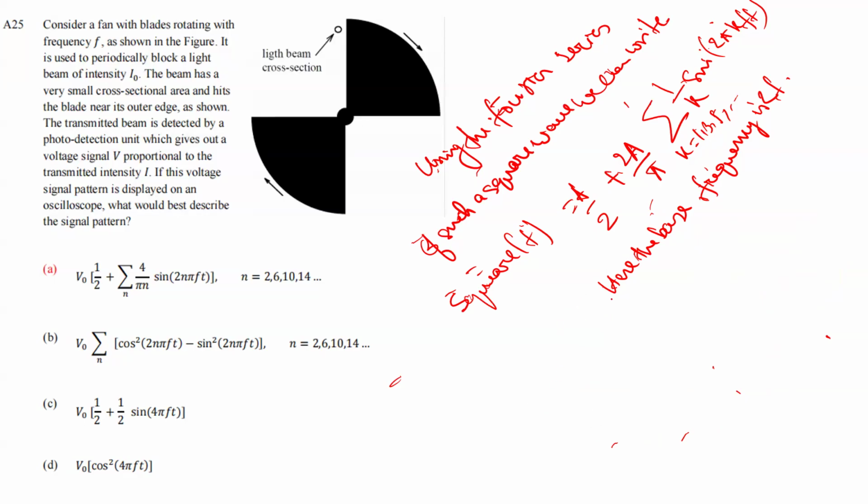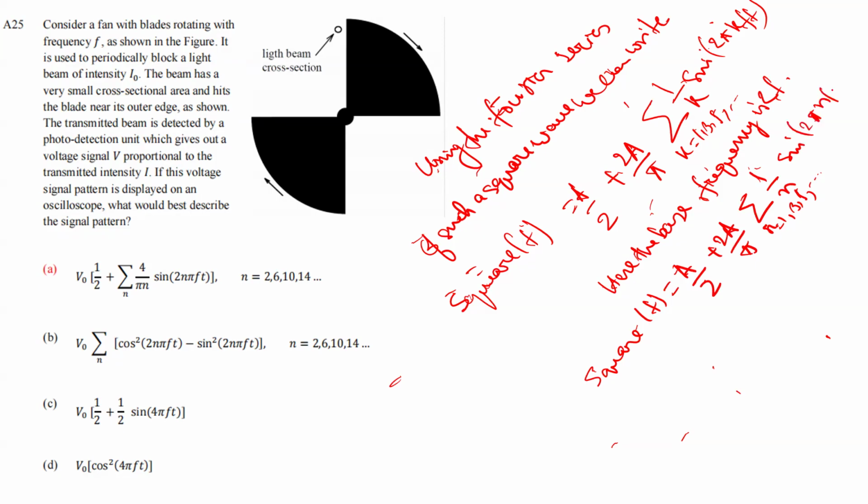Then the square wave can be written as A by 2 plus 2A by pi, sum over n equal to 1, 3, 5 and so on, of 1 by n sine of 2 pi n times 2f times t. We define m equal to 2n, so that m becomes 2, 6, 10 and so on.